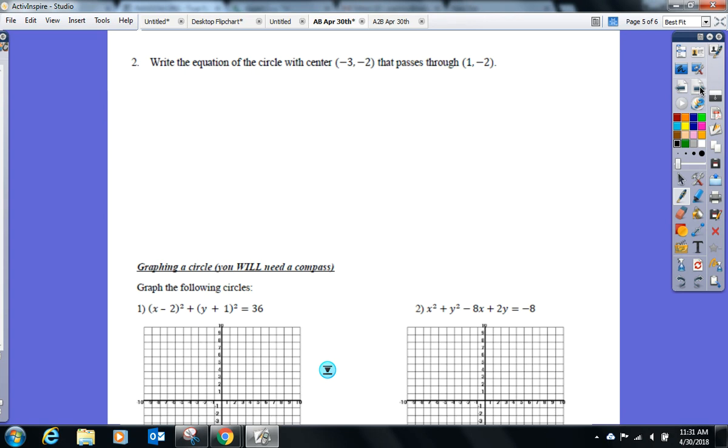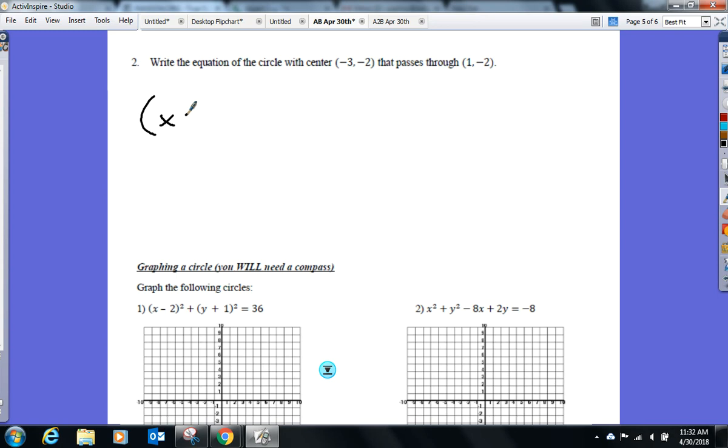Can you get at least the left side of the circle equation done for me? (x plus 3) squared plus (y plus 2) squared. I need to find out what the radius length is.